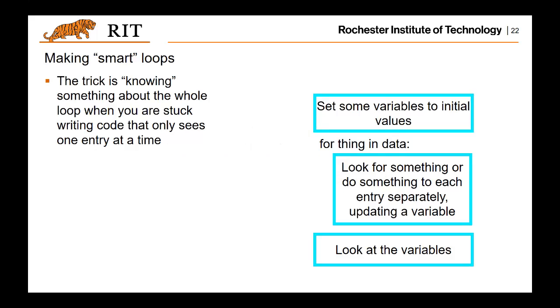So a very essential thing is to make your loop smart. Basically, the trick is you need to know something about the whole loop when you start writing code that only sees one entry at a time. So you have to have a little global view about what the actual thing is you want to do with a set of data.